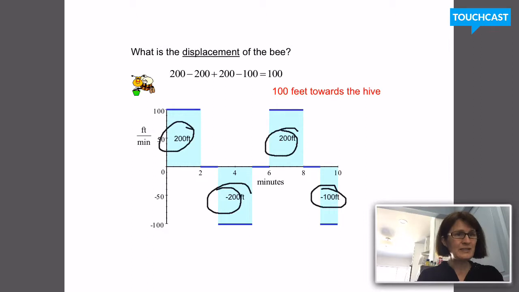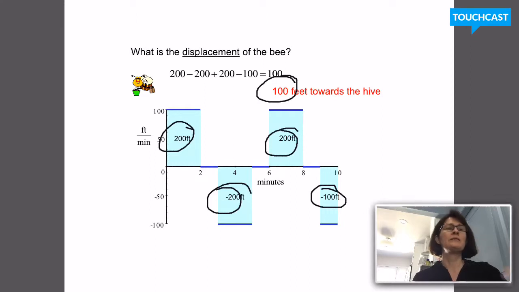So his displacement is 200 minus 200 plus 200 minus 100, 100 feet. I think it might even be better to say, it's 100 feet in the direction of the flower. So 100 feet toward the flower from where he started, or positive 100 feet if we're counting motion toward the flower as positive.